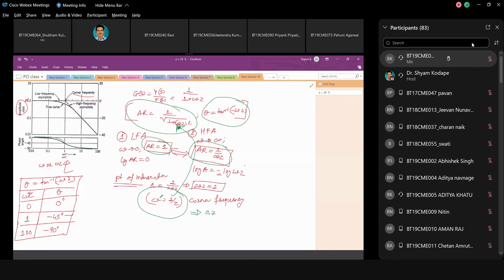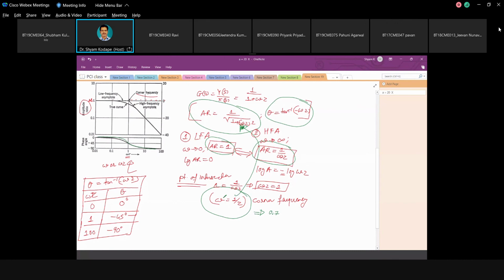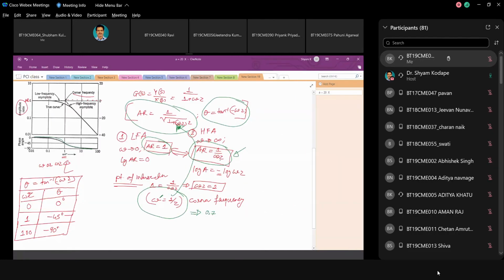HFA? See, this is the equation of line. Yes, sir. But at what location it will go down, we don't know. For that purpose, just equate these two lines. When will you equate the equations of two lines? This is line 1.